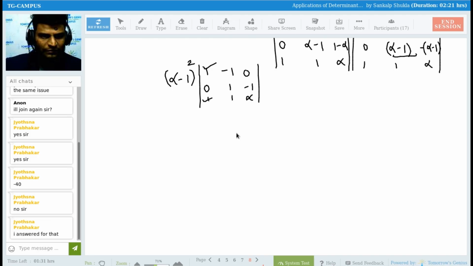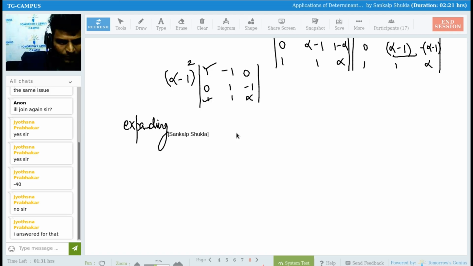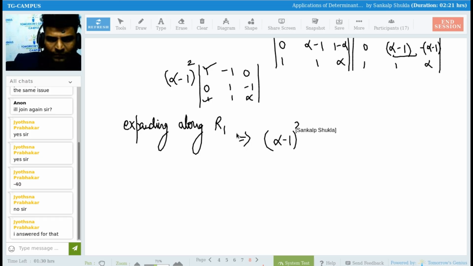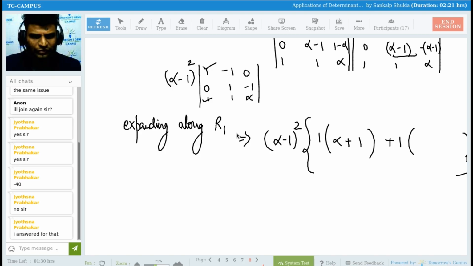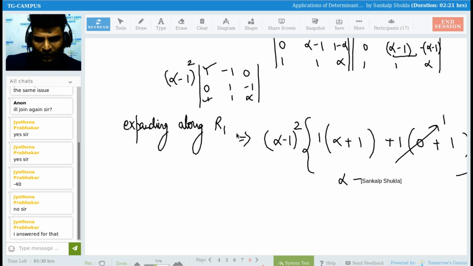So I'll write expanding along R1. So it is alpha minus 1 whole square. Now 1 will be right. So it is alpha minus minus 1, that is alpha plus 1. And plus 1 we'll write plus 1. So this is 0 into alpha, which is 0 only. 0 minus minus 1, that is plus 1. 1 and alpha plus 1.